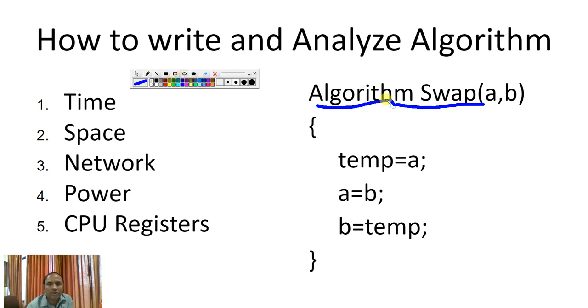And then you can mention here the number of arguments that you are passing. The arguments are A and B, so in this case two arguments we are passing. And it's a very famous program code that you know for exchanging the values, for swapping the values of two variables.